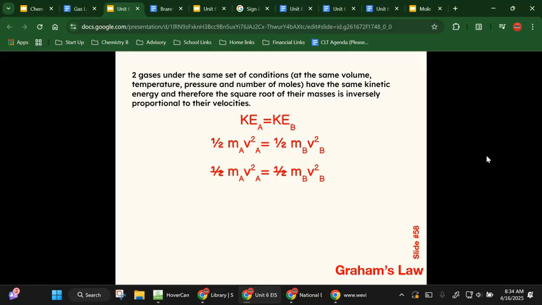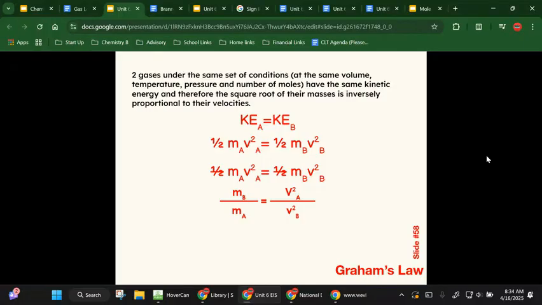So I'm going to divide by the mass of B and by the velocity of A on both sides. What I do to one side, I do to the other. We end up with the mass of B over the mass of A is equal to the velocity of A over the velocity of B.